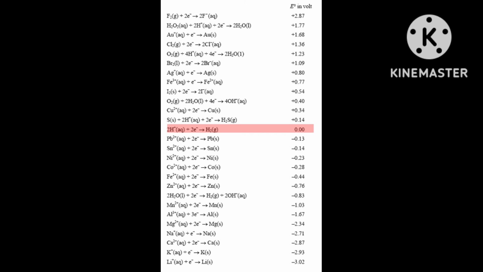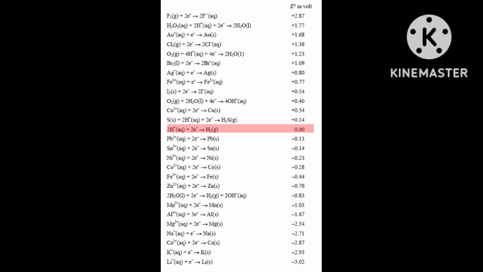In the electrochemical series chart, all metals are arranged from negative to positive via zero, by their reduction potential. Zero means hydrogen is considered as zero.